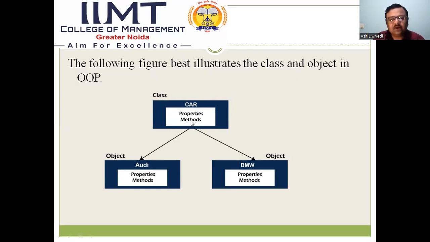For the class car, creating first object Audi, and second object BMW. Properties and methods of Audi, properties and methods of BMW.